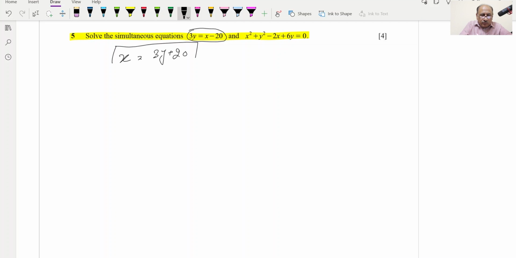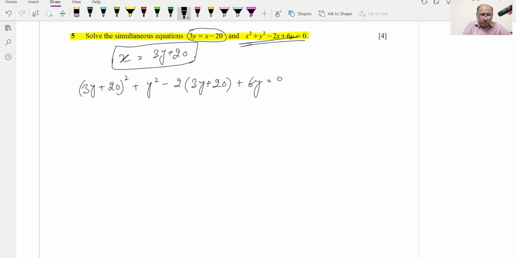This value we can replace in the other equation, and our equation will become (3y plus 20) squared, plus y squared minus 2 into x value, which is 3y plus 20, and plus 6y is equal to 0.